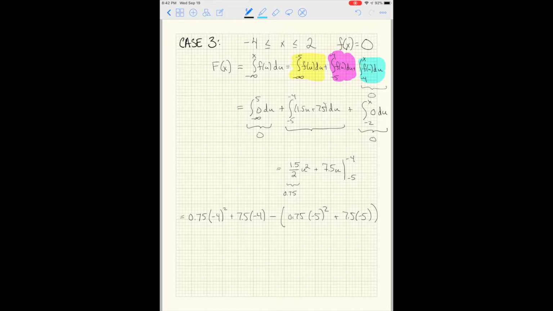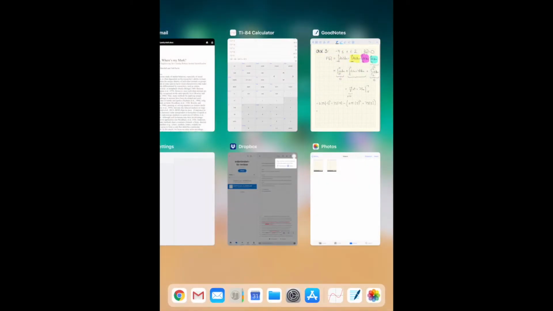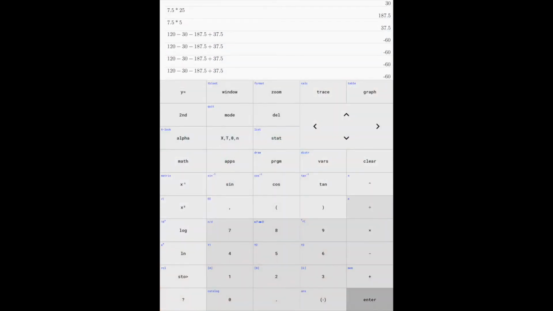All right, so 0.75 times negative 4 squared: 0.75 times 16, since negative 4 squared is 16, is 12.